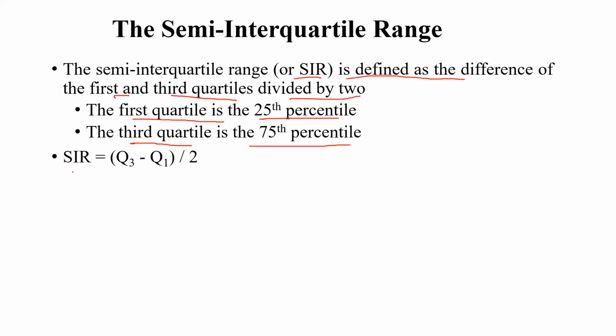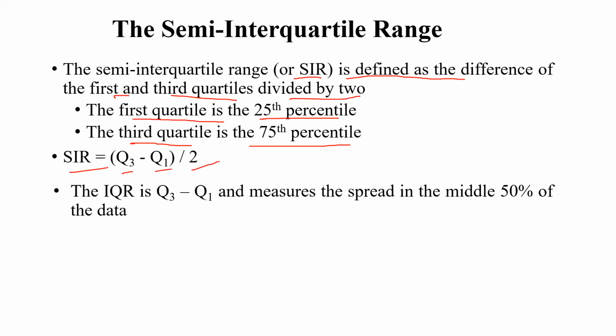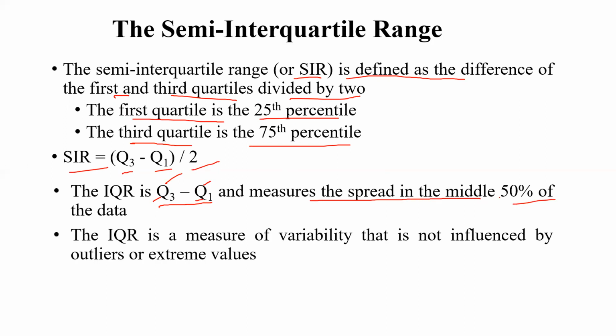The semi-interquartile range is the upper quartile minus lower quartile divided by 2, and IQR is the interquartile range, Q3 minus Q1, upper quartile minus lower quartile, or third quartile minus first quartile, and it measures the spread in the middle 50% of the data. And the IQR is a measure of variability that is not influenced by outliers. Outliers are the maximum values beyond the range.